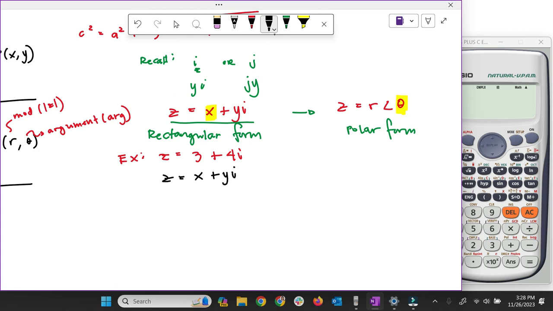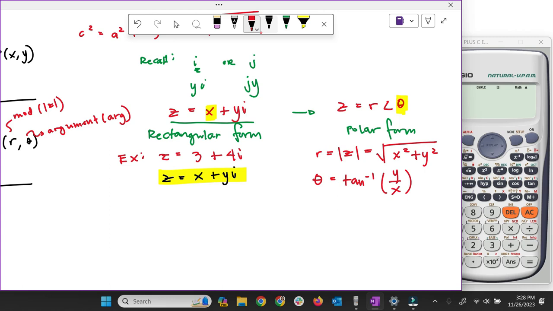So this is the rectangular format. So if we want to get the polar form of this complex number, you simply follow the formula. Now, in order to get r, or the mod, this is simply the absolute value of z, which is equal to the square root of x squared plus y squared. In order for you to get the argument, this is simply arctan of y all over x.